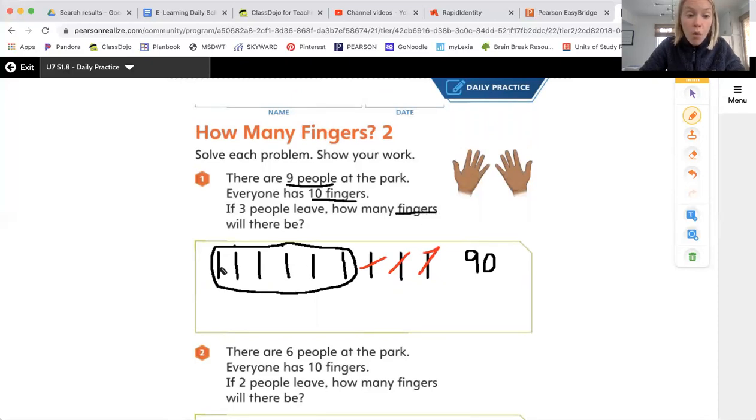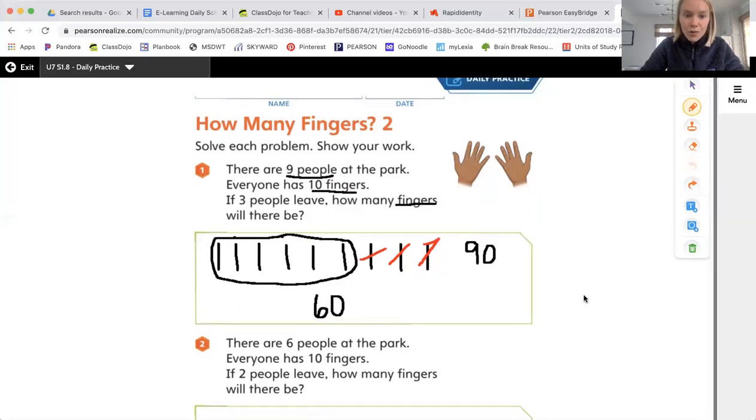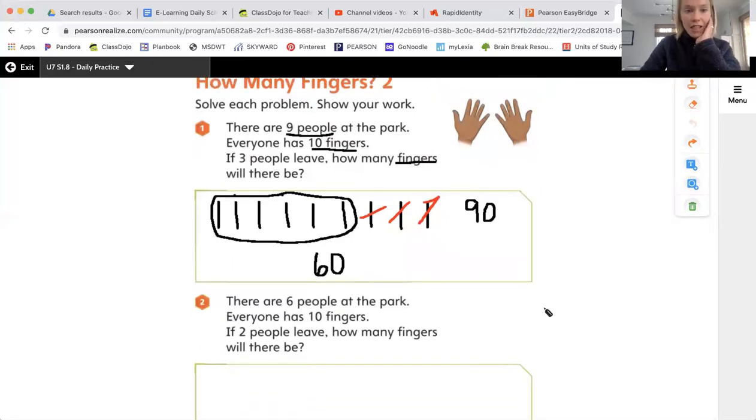So these are the people, 1, 2, 3, 4, 5, 6 people, which means if each person has 10, I need to count these by tens. 10, 20, 30, 40, 50, 60. So if there are 9 people and 3 people leave, there will be 60 fingers. Okay, let's go on to our next one. So there are 60 fingers left.